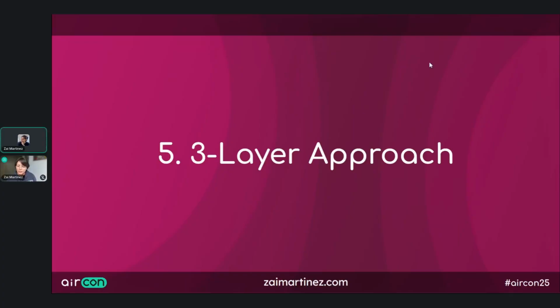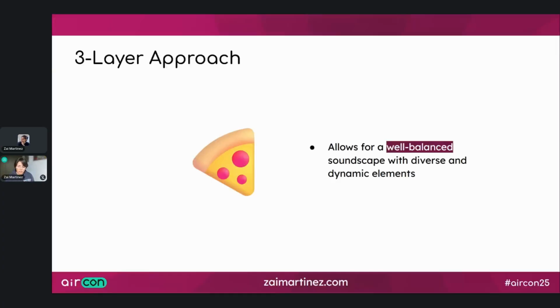Yeah, the 3-layer approach. Again, this part I think is the most important part here, but I want to repeat that this is a workflow that I do. I don't know if anyone else does it this way. You can try it.